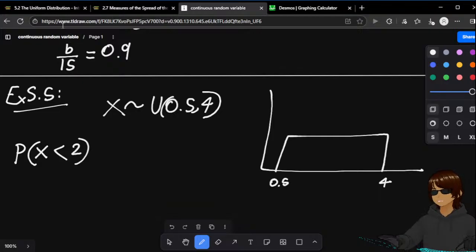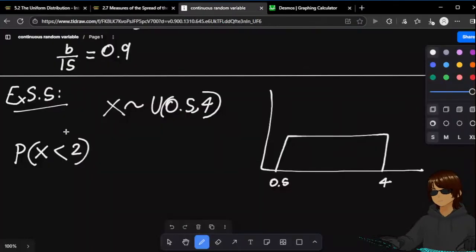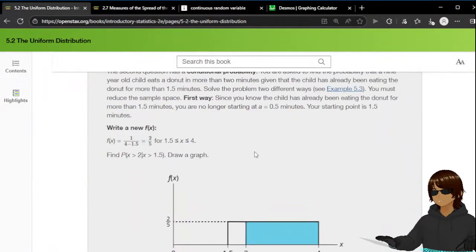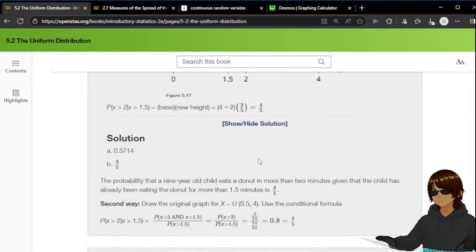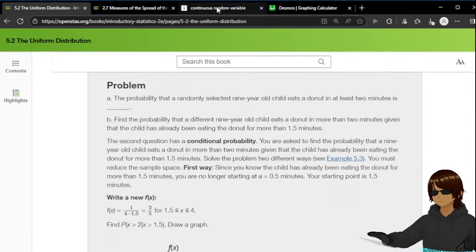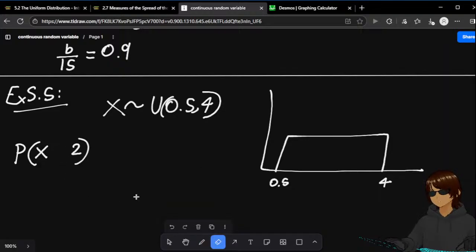Or do they mean he takes at least 2 minutes to eat it? I think this is it. Wait, let me just be sure.